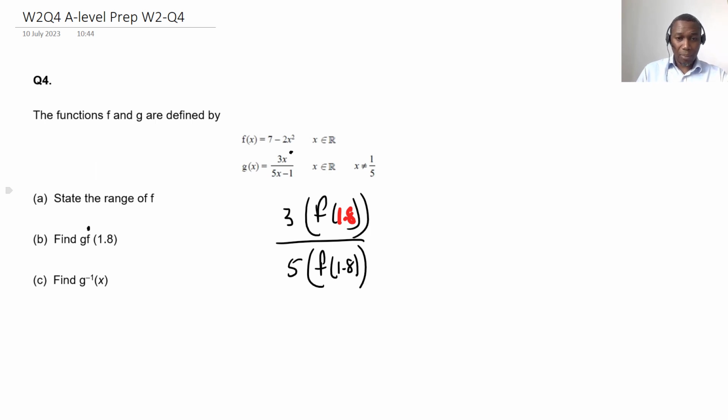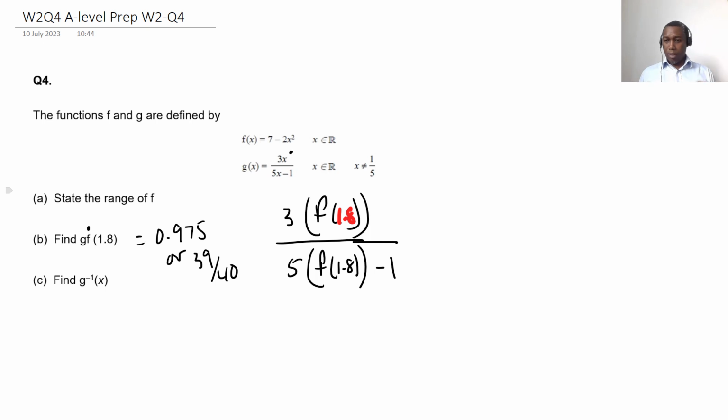That's what the x value is going to be, and from that we have to take away 1. So 5 lots of f. That's what we're looking for there. Is that what you did? If you did it right, the answer you should get is 0.975 or 39 on 40. Is that what you got?